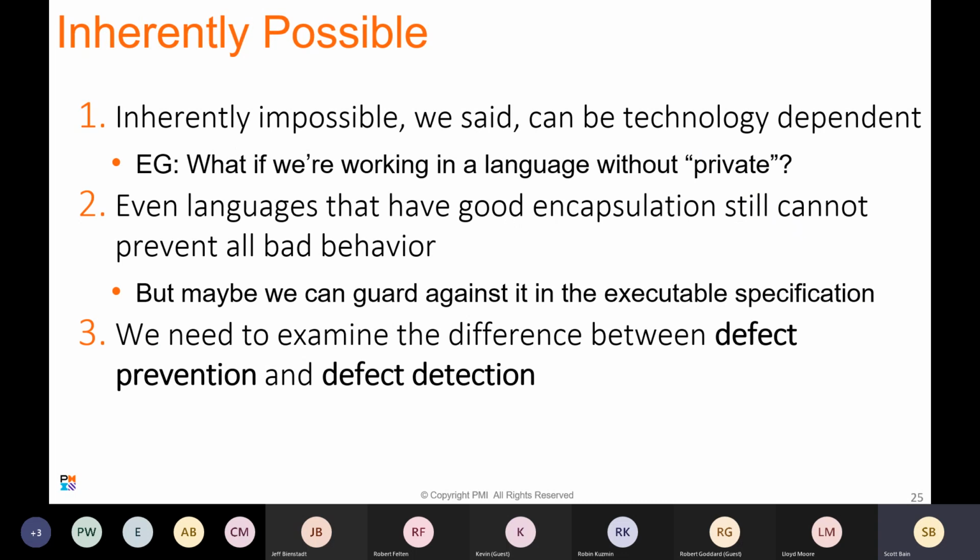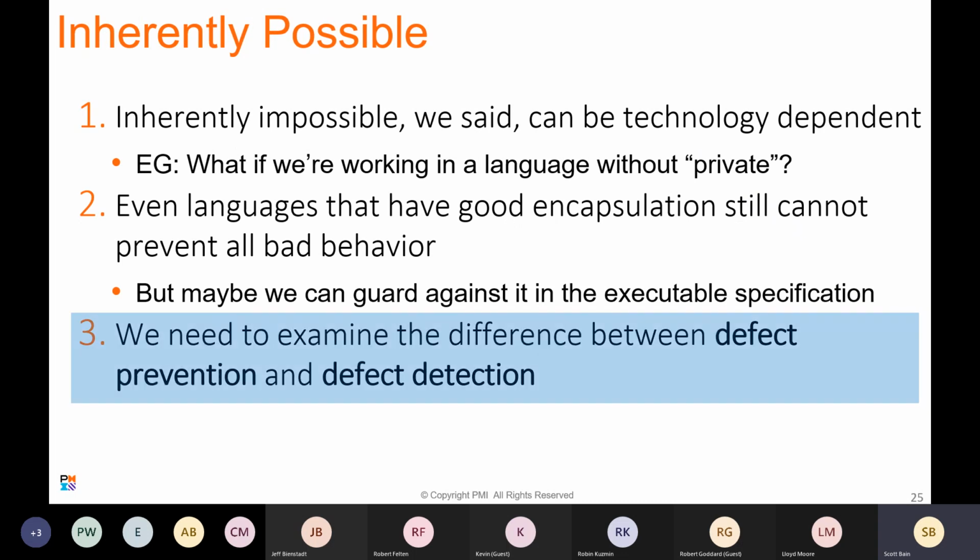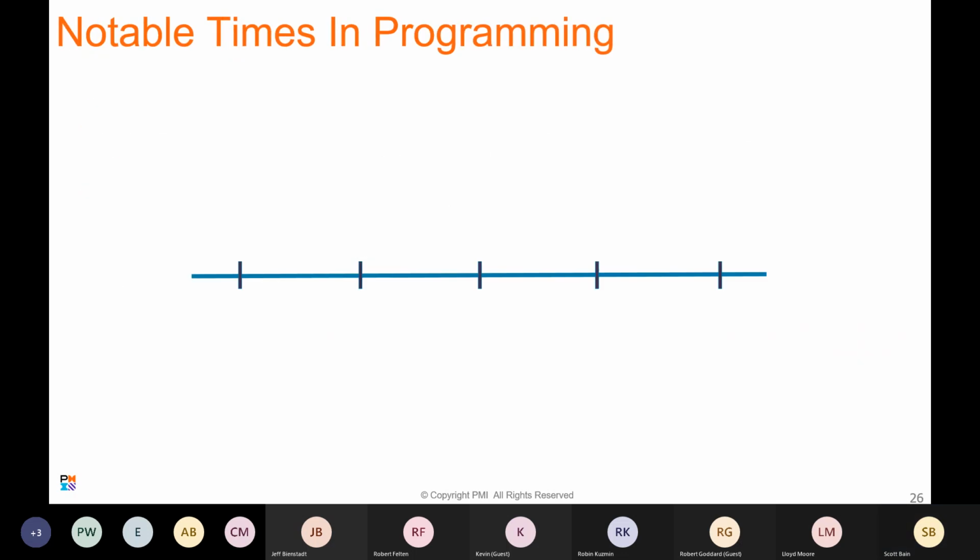Now let's talk about the difference between detecting defects and preventing them. There are notable times throughout a developer's day when a defect can either be detected and or prevented. For example, there is coding time. Modern IDEs will often color code problem areas or even present valid options for the coding process.